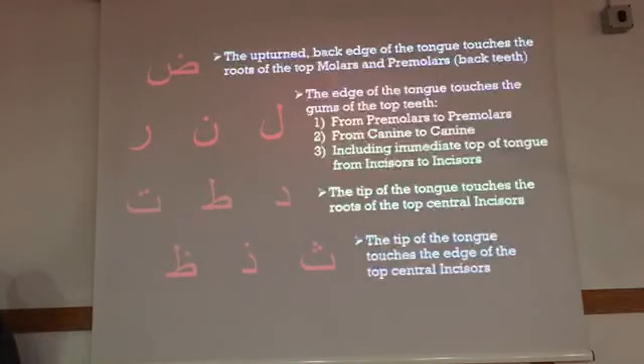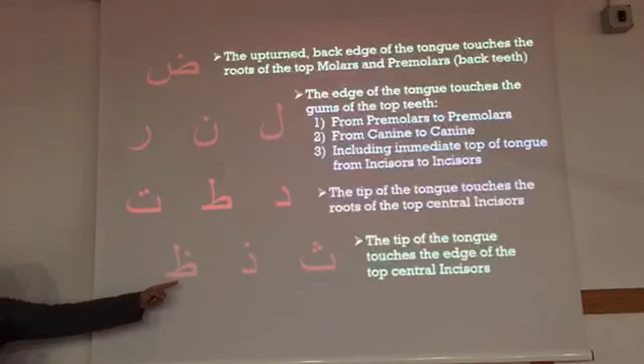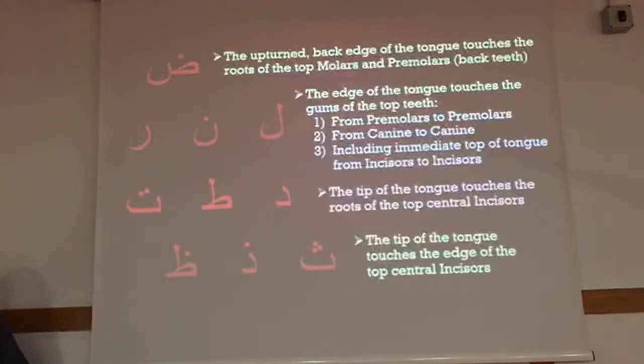You can see when I say the letter tha, the tip of my tongue is touching the edge of my front two teeth. Tha. And really smile when you say these letters. Tha. And this one, which is the heavy version of dal, va.